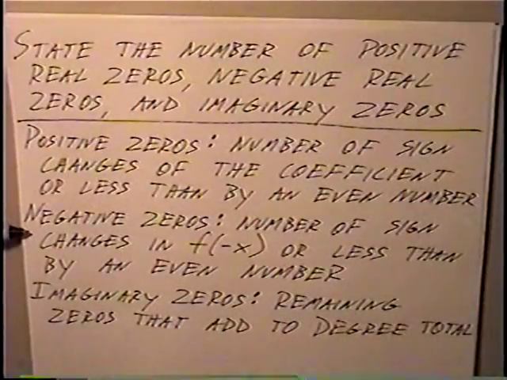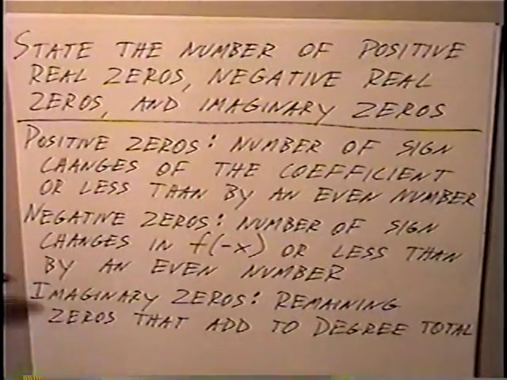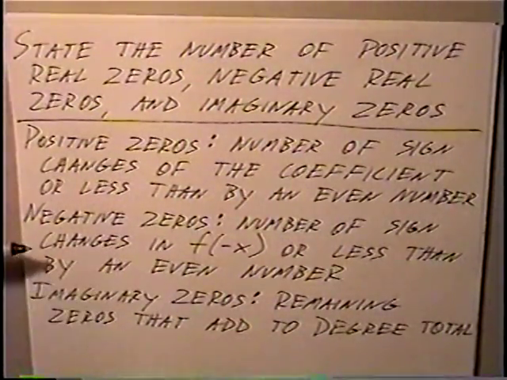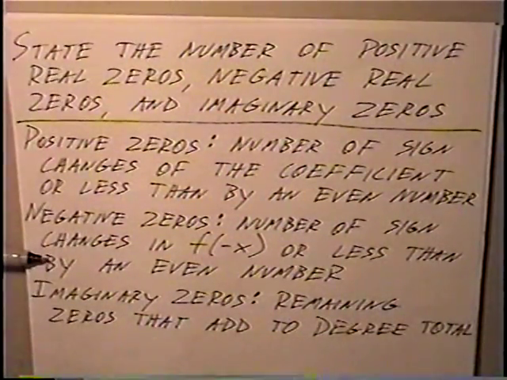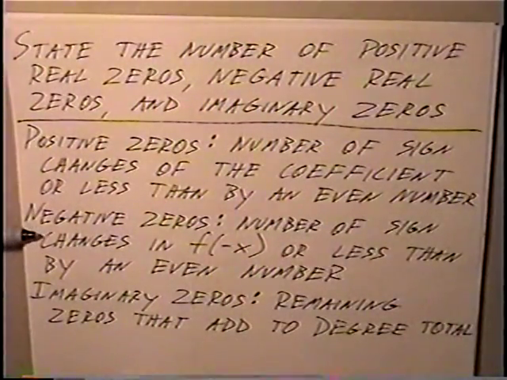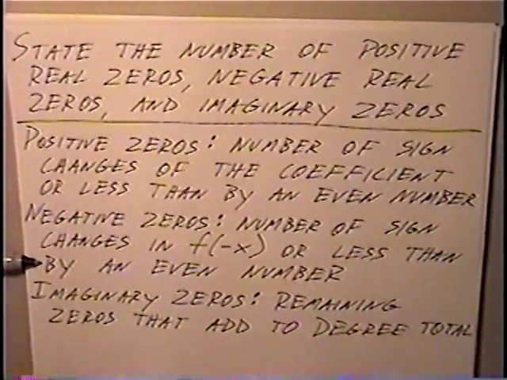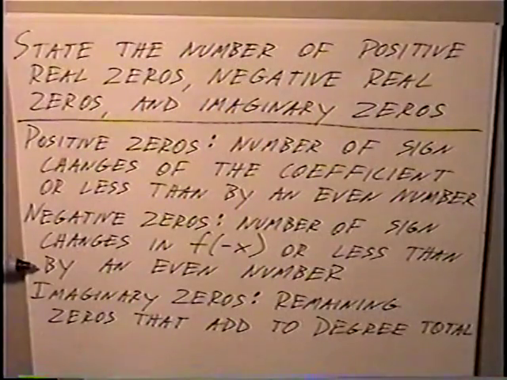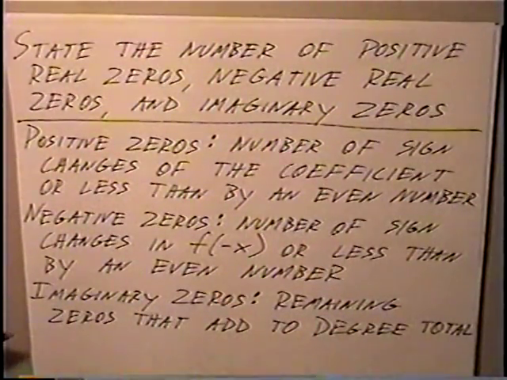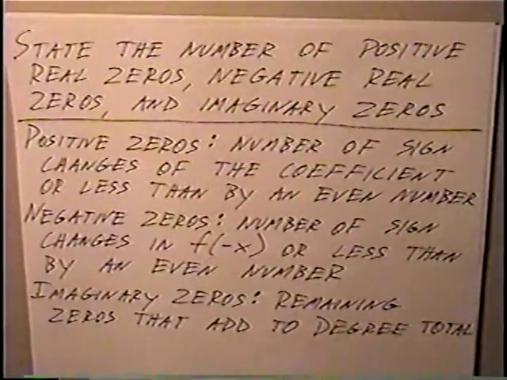For negative zeros, a similar definition: the number of sign changes in f of negative x, which means we'll take the opposite of the function, or less than by an even number. And again, we'll count the sign changes and then take away 2 as many times as possible. For the imaginary zeros, those are the remaining zeros that add to the degree total.